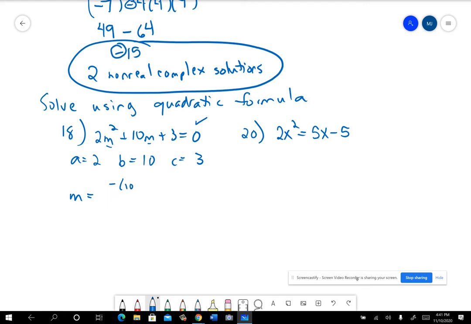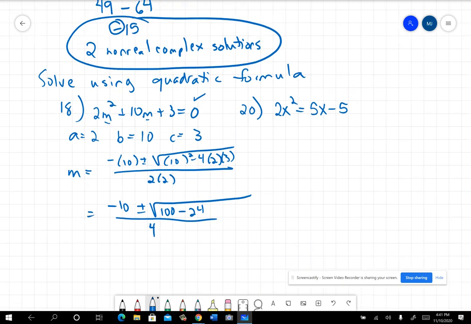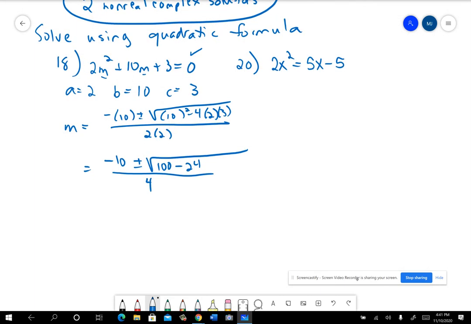So it's the opposite of b plus or minus the square root of b squared minus 4 times a times c, over 2 times a. It's going to be negative 10 plus or minus, that's going to be 100 minus 24, all over 4. It was a minus because there was only one negative.